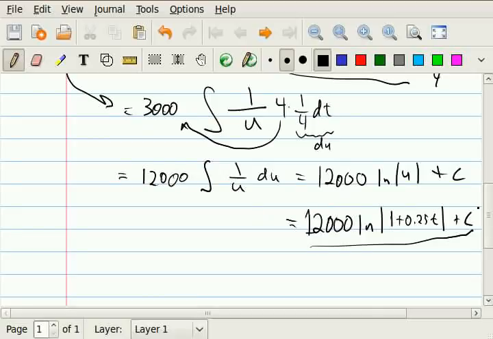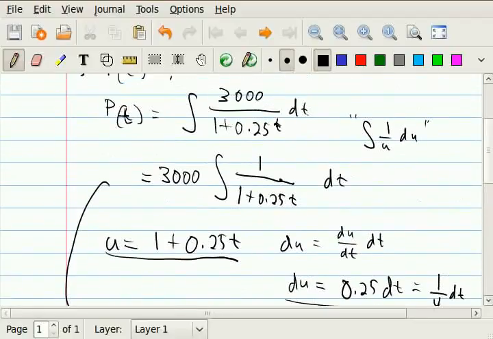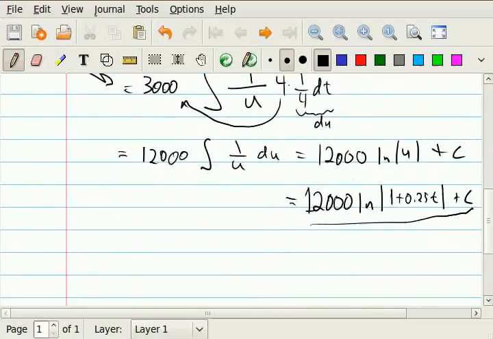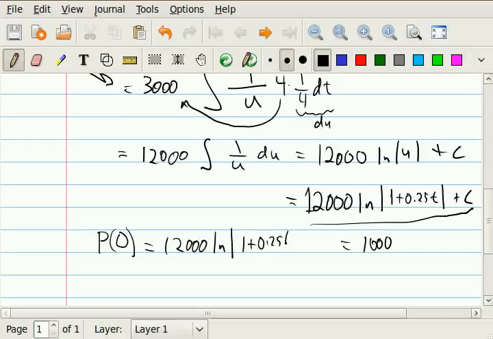What do we know right now? Well, we know almost what the population function is, p of t. That's what we're trying to find. But we don't know this constant c. Now, we were told in this problem that when t is 0, the population is going to be 1,000. So that means when we put 0 into this function, that'd be 12,000 times the natural log of 1 plus 0.25 times 0.